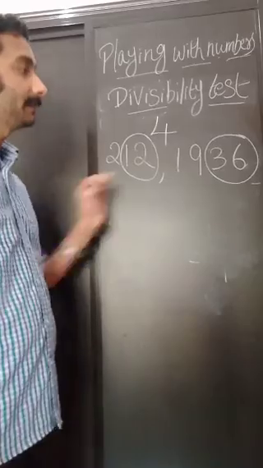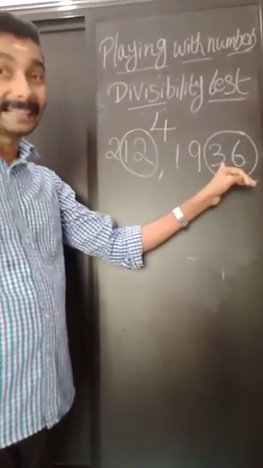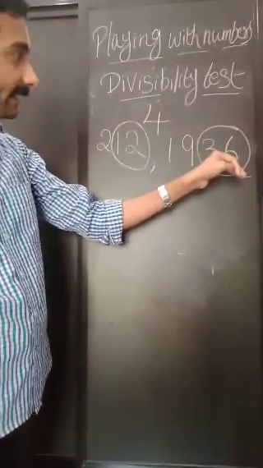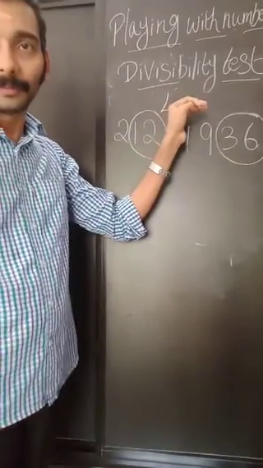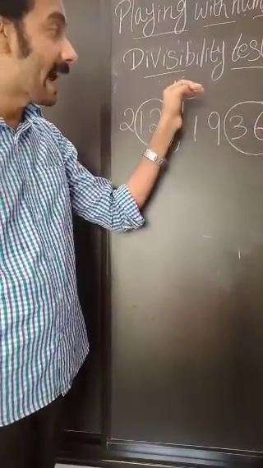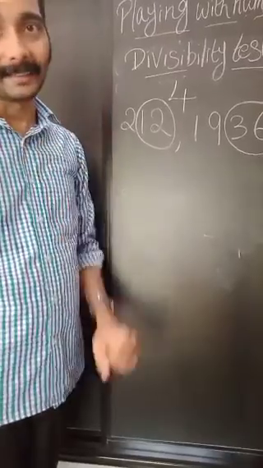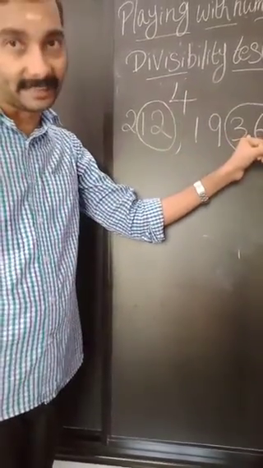It is 36. 36 divided by 4 is 9, 9 into 4 is 36.